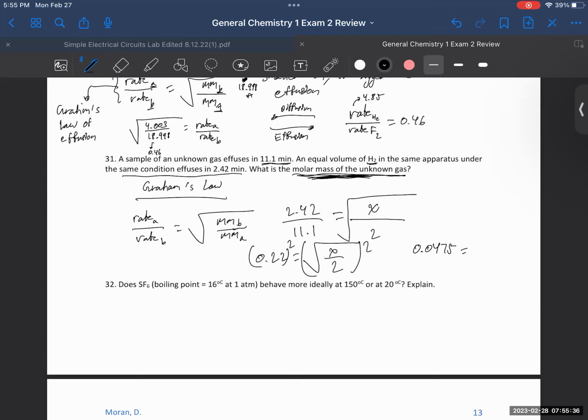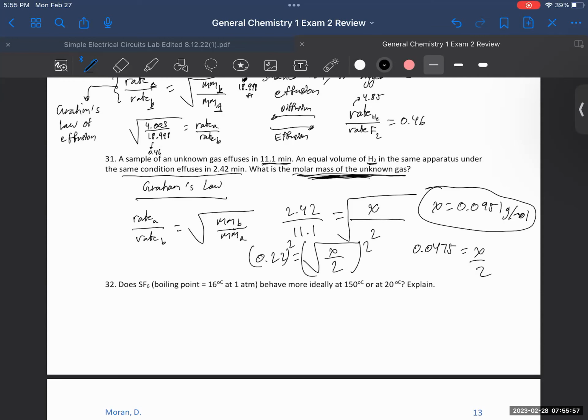And that's gonna equal X over 2. So now we're gonna multiply this by 2, and we get our molar mass is equal to 0.0951 grams per mole.